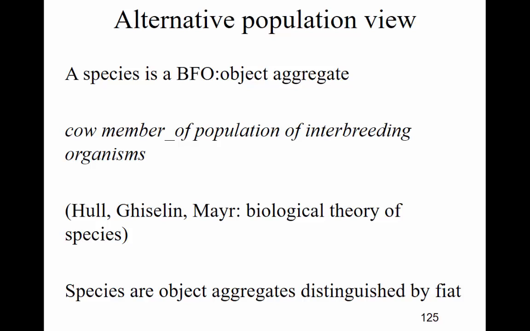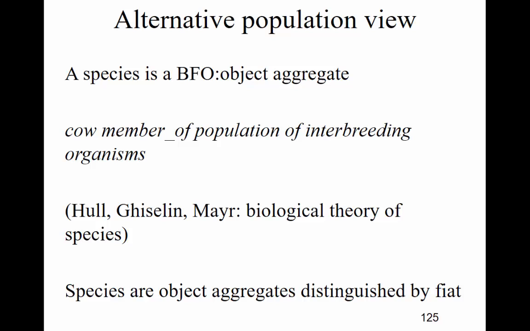One important feature is that the object aggregates in question are distinguished now by fiat. And there is a tendency nowadays on the part of biologists, evolutionary biologists, to want to have more granular divisions of species because they get more resources to protect those species from going extinct.